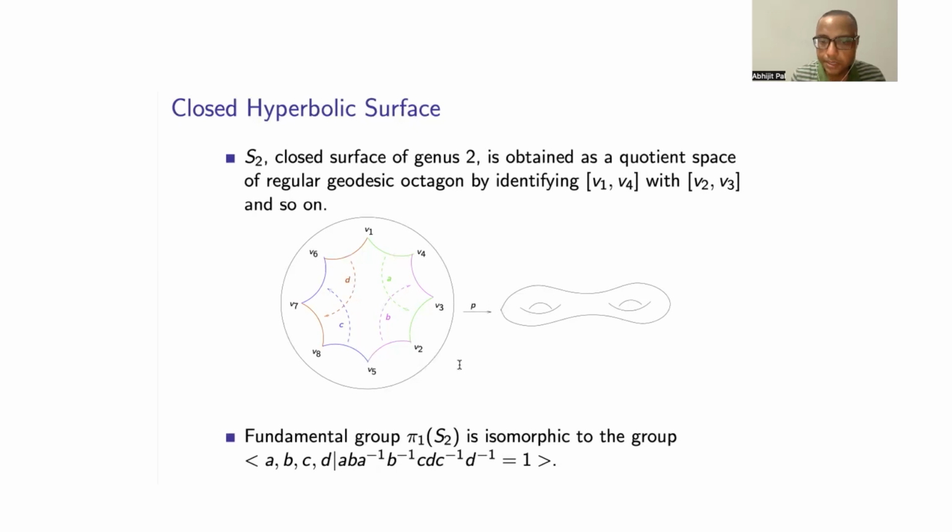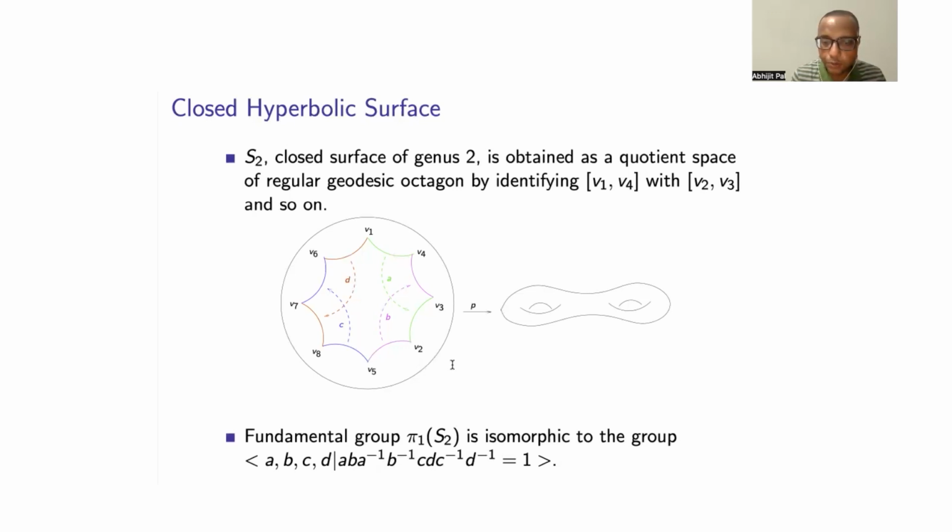And also we have seen that the fundamental group of this genus 2 surface is the group generated by A, B, C, D, and it is a one-relator group, where the relation is that the product of the commutators is equal to 1, that is, [A,B][C,D] = 1.